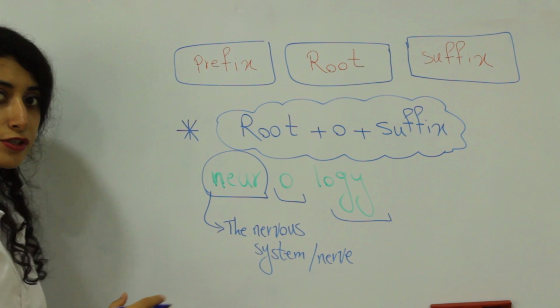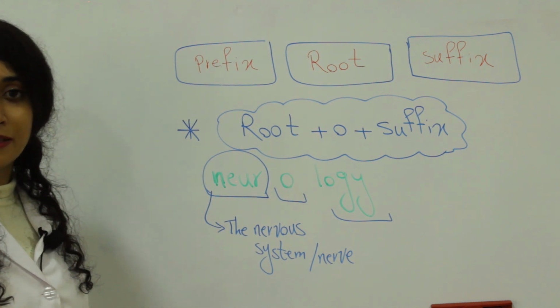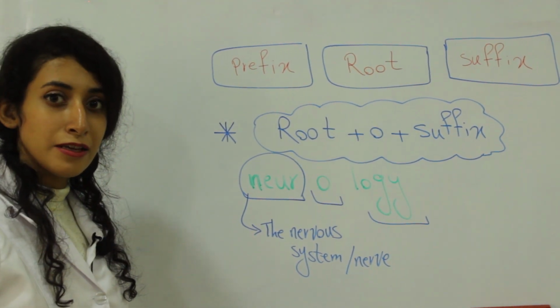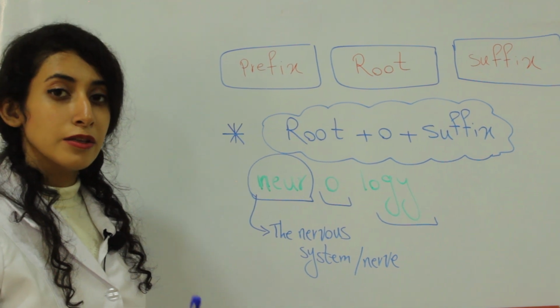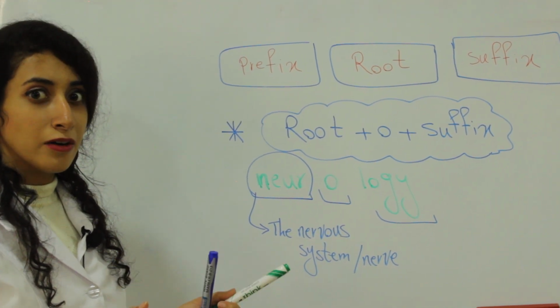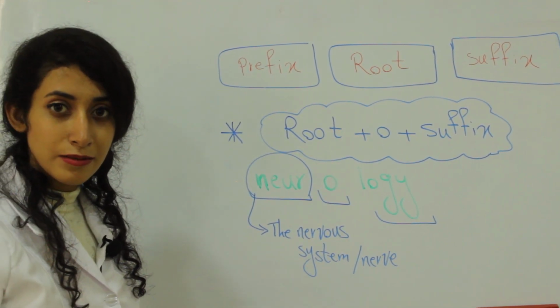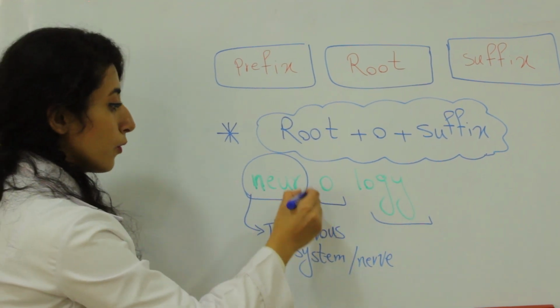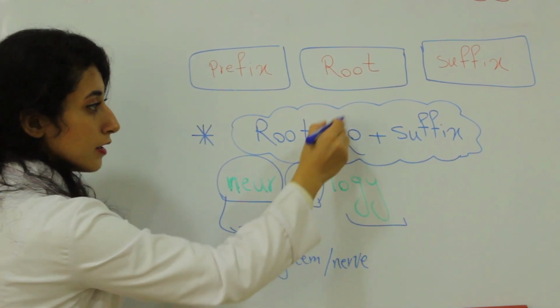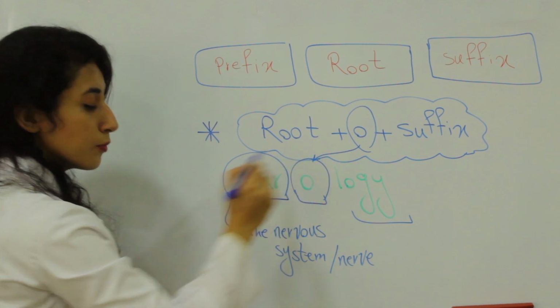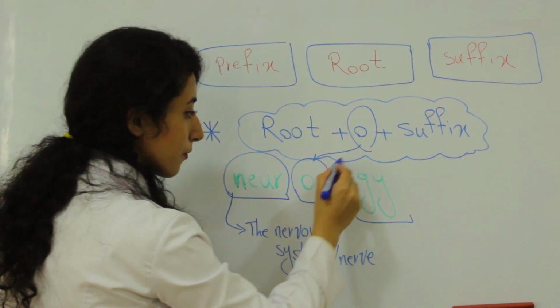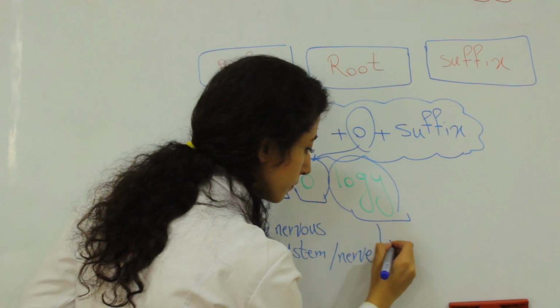As you know, the nervous system is one of the systems in the body that contains many nerves and it's separated into different parts, for example the central nervous system. O we have here and it is used in the formula, and logy means study of.